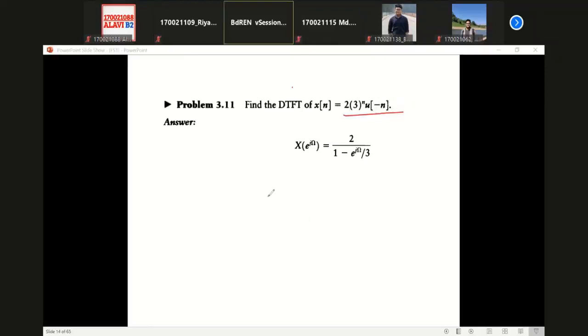So our sum will be from minus infinity to 0. Can we change the variable to reverse it from 0 to infinity? Yes, sir, we can. Change from n to m, where m equals minus n. So in this way, try to solve this problem and verify this result.